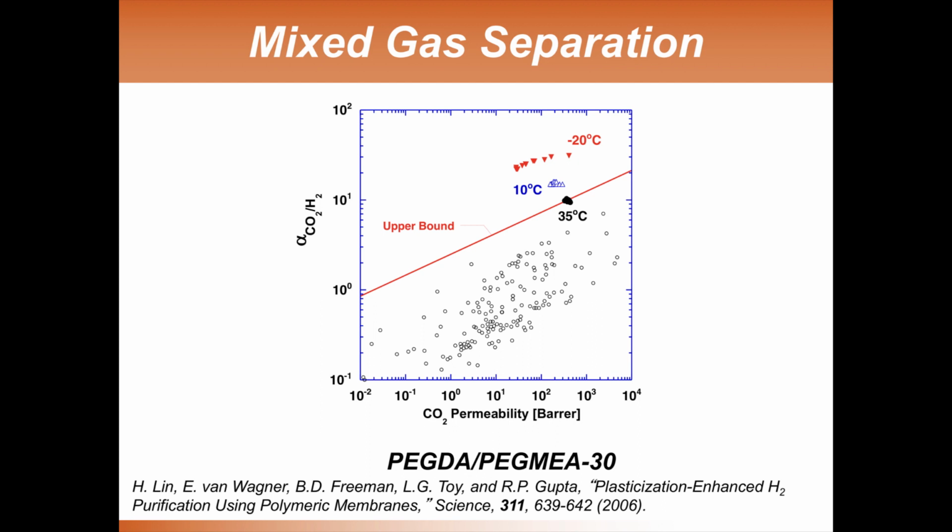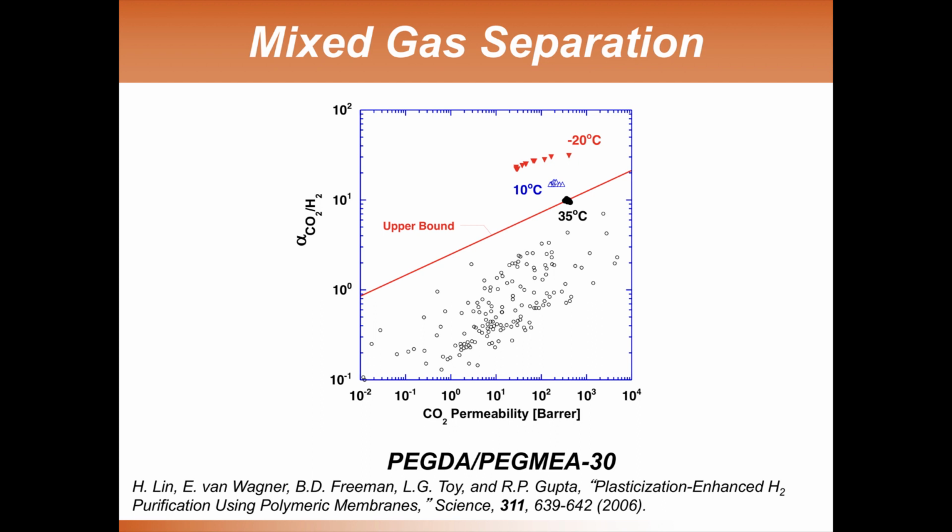And as a result, these materials, at the time they were first published, had the best combinations of CO2 and hydrogen separation properties that were known. And if you can separate CO2 from hydrogen, then it's really easy to separate CO2 from nitrogen, because nitrogen is a larger, slower molecule in permeating through these materials.